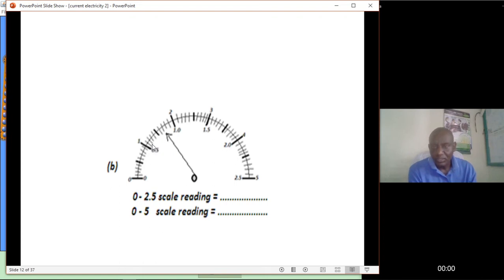How many divisions is this? 1, 2, 3, 4, 5, 6, 7. 7 times 0.05 will be 0.35. Add 0.5, the answer will be 0.85. For the outer scale, 1, 1.1, 1.2, 1.3, 1.4, 1.5, 1.6, 1.7. See that? 1.7.